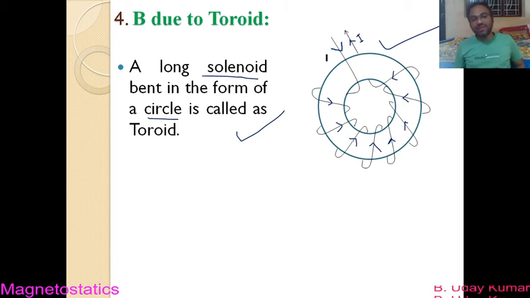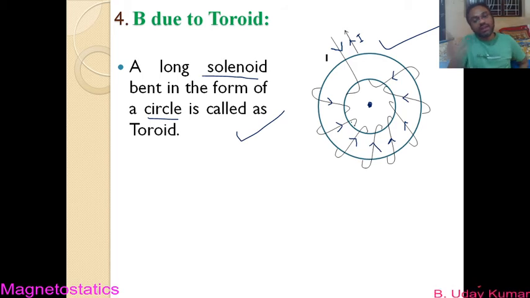Since the direction of the current in the toroid is towards the center, for example if I assume that this is the center of the toroid, if you carefully observe, in each turn the direction of current is towards the center of the circle or toroid. So by using the right hand rule you can easily understand the direction of the magnetic field that is produced at the center of the toroid.